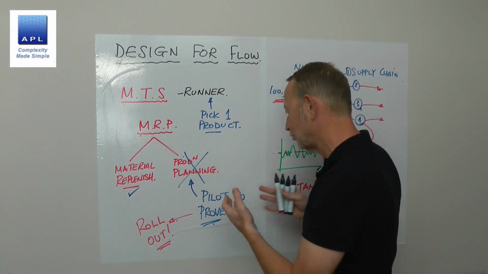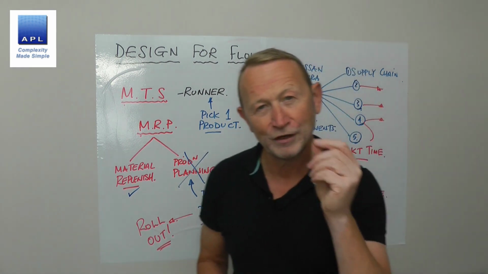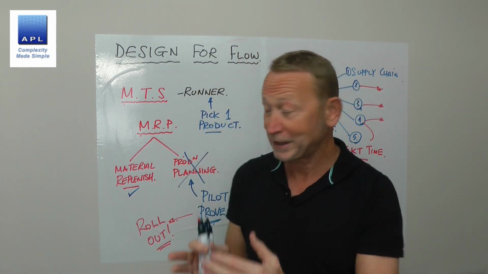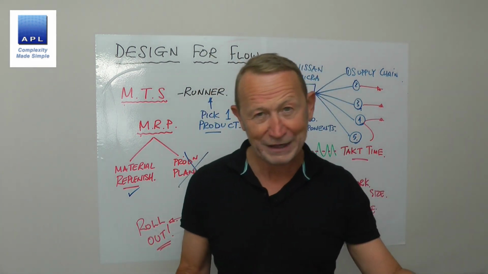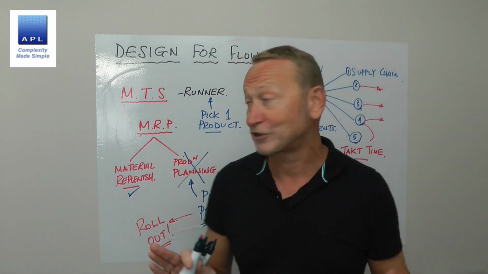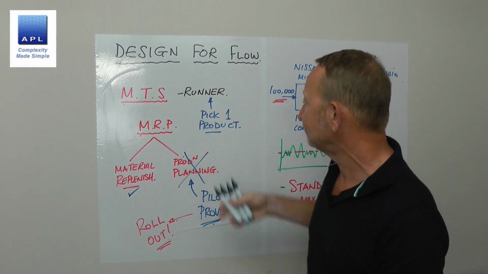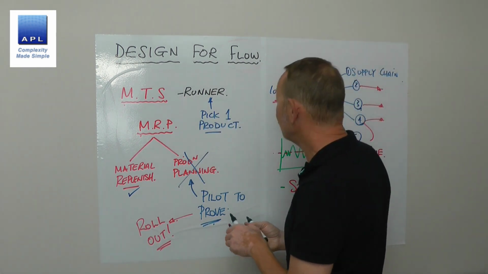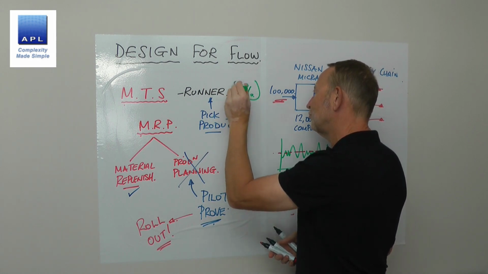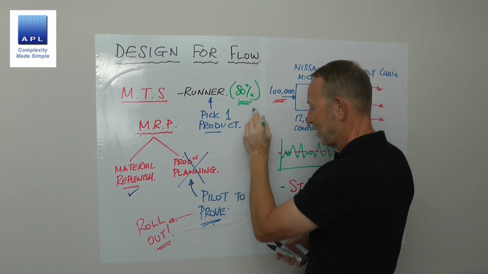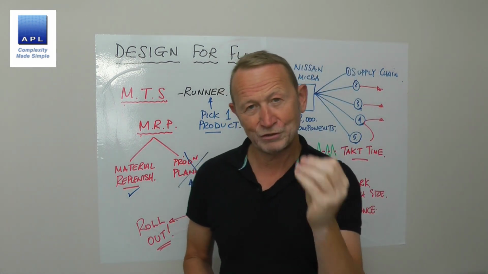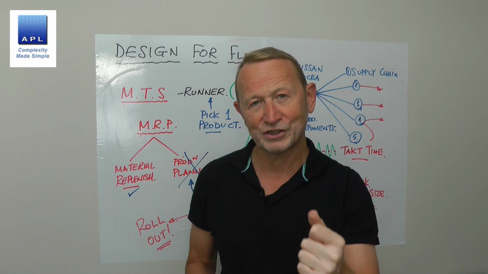Use it as a pilot to prove. Once you're happy, then start to roll it out to other products. But again, you don't want a big bang rollout. You want to roll it out to other product families, until eventually all of your runner product, which is probably 80% of what you do, is with the new system. And if you do that, you'll make a complete success of it.